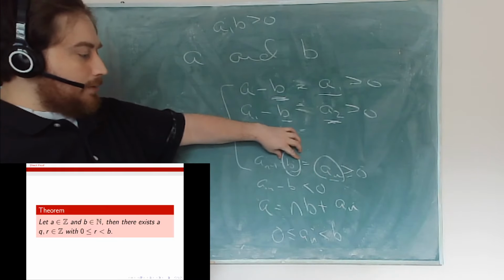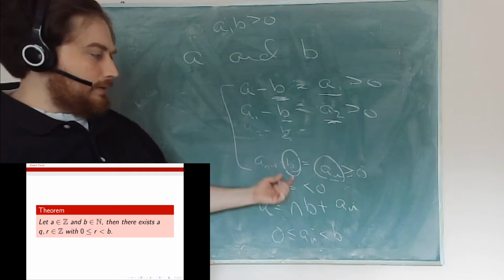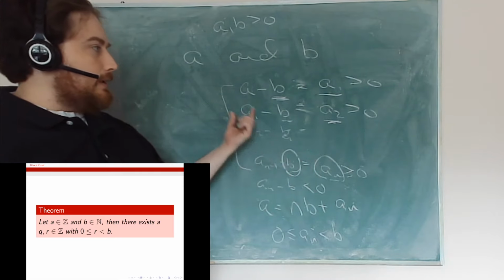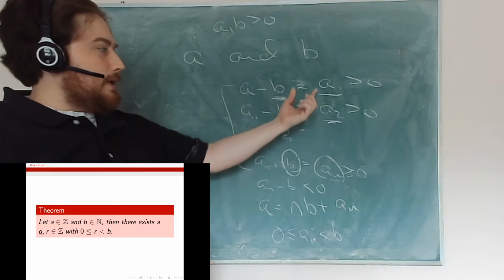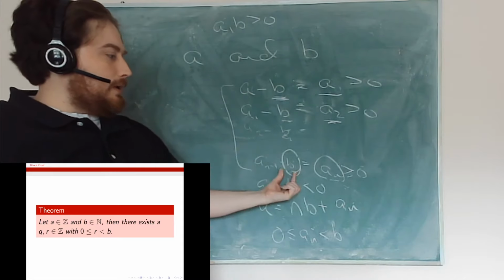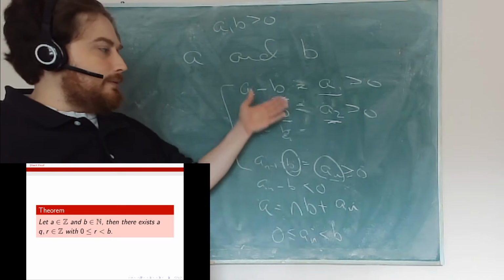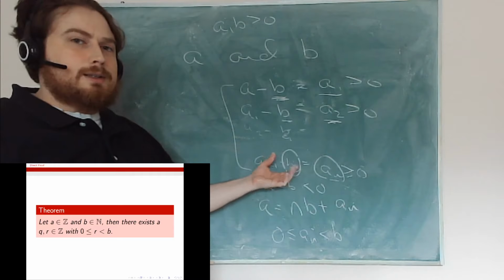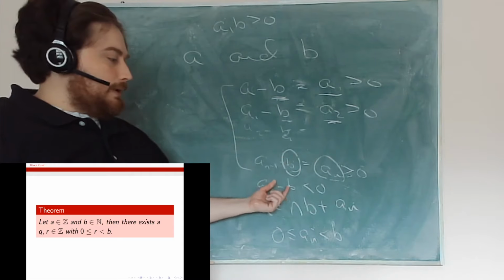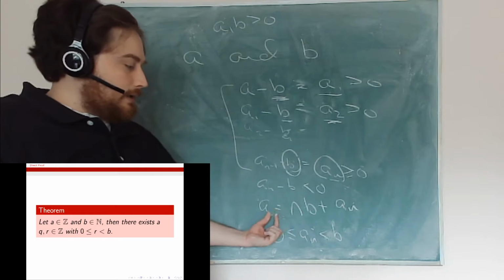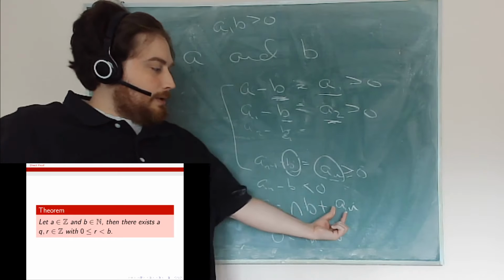If we count these up properly, we get exactly n. Now, if you had defined this differently, so that you would start with a1 and subtract b, and then this is a2, you could have a case where this would be n minus 1. But the way I've defined this algorithm, I'd have exactly n times that I've subtracted b. And that's why, if I've subtracted b n times, I can say a is n times b plus a sub n.